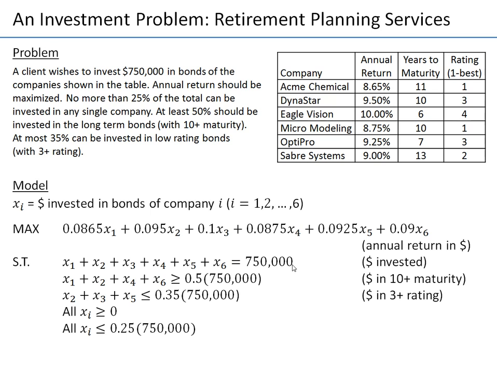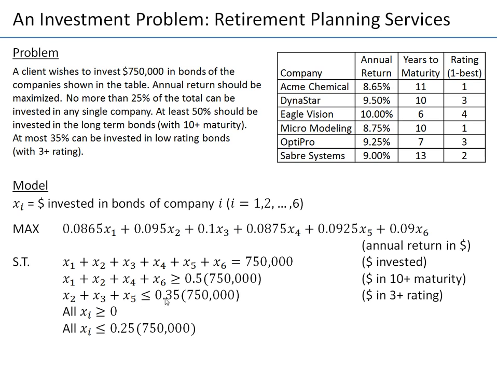And then we have constraints saying that whatever we invest, the sum of all investments must be equal to 750,000. We have at least half invested in long-term, and long-term investments are investment number 1, 2, 4, and 6. You can see 1, 2, 4, and 6 have 11, 10, 10, and 13 year maturity.